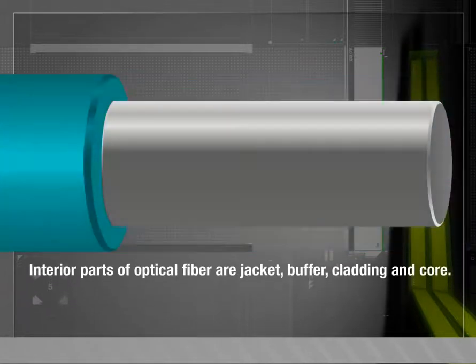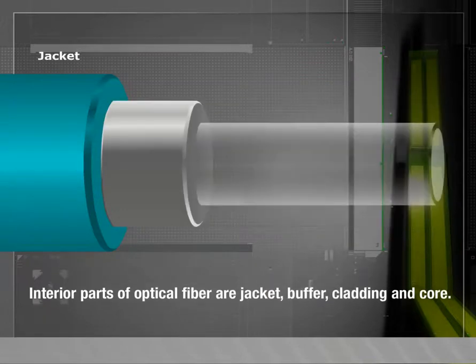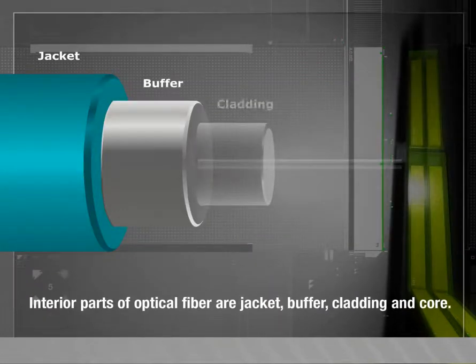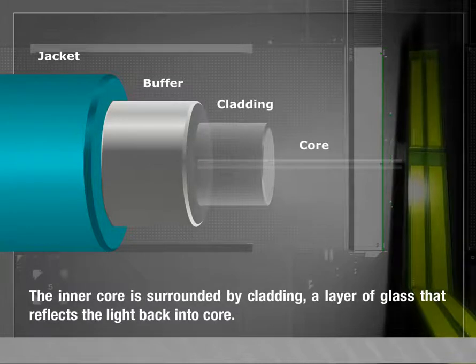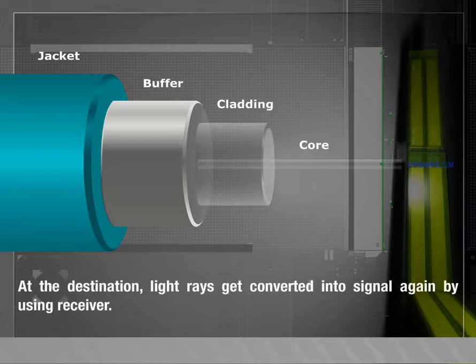Interior parts of optical fiber are jacket, buffer, cladding, and core. The inner core is surrounded by cladding, a layer of glass that reflects the light back into the core. At the destination, light rays get converted into a signal again by using a receiver.